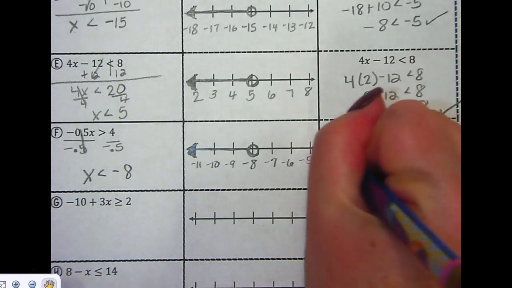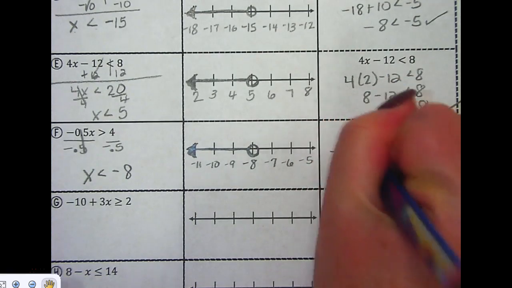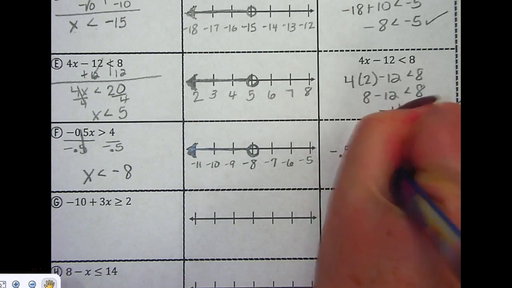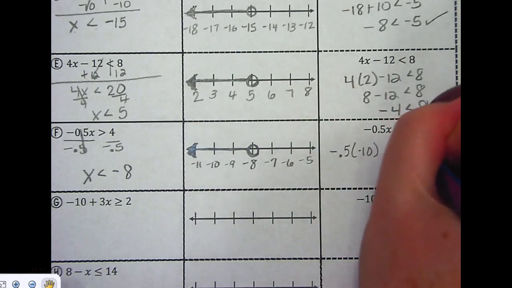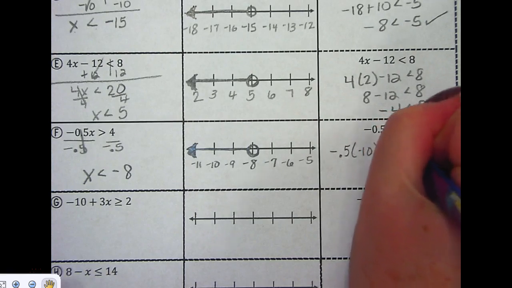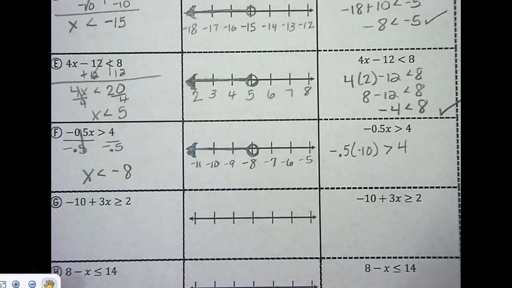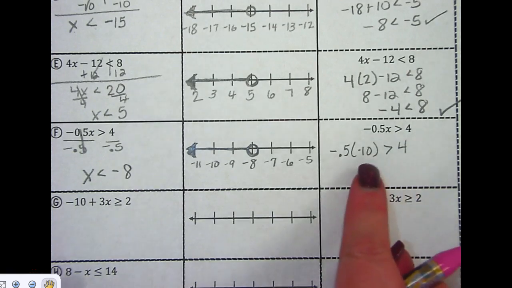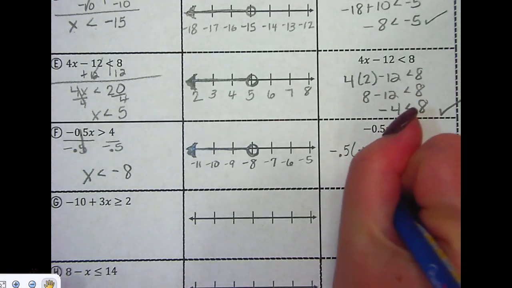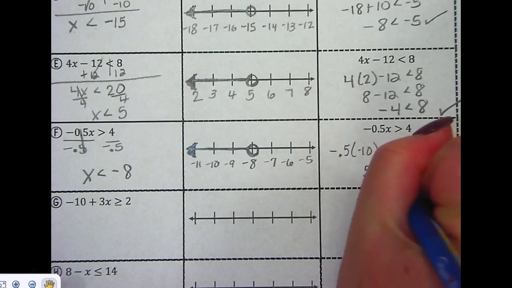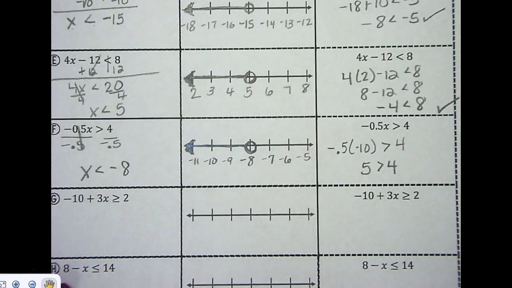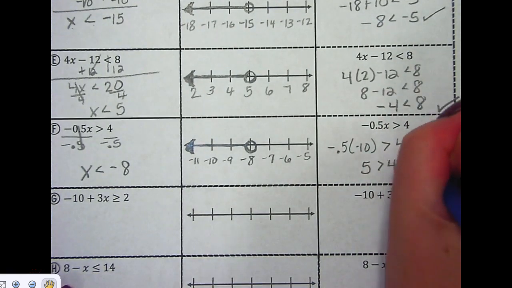Negative 10. So negative 1/2 times negative 10 is greater than 4. What's half of 10? 5, and a negative times a negative is a positive. 5 is greater than 4. Is that true? Yes, positive 5 is greater than positive 4.